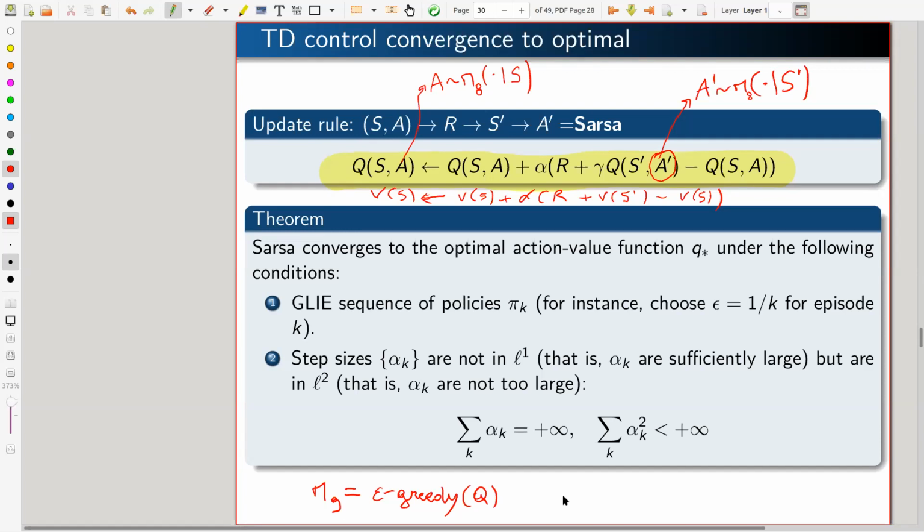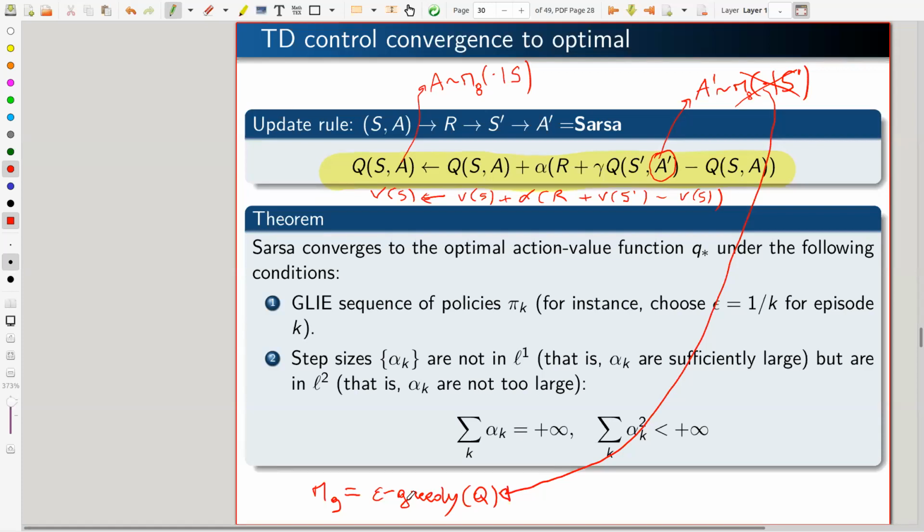Well, if you think about it, this is equivalent to inserting here the choice of the new action I'm using in this target, chosen not from the original policy, but already from this. What I'm saying is that if you insert this choice directly in the update rule, you obtain the same as if you were doing the two steps separately.